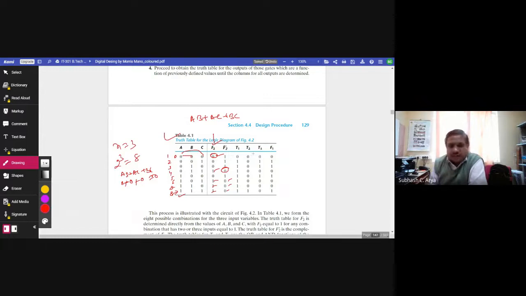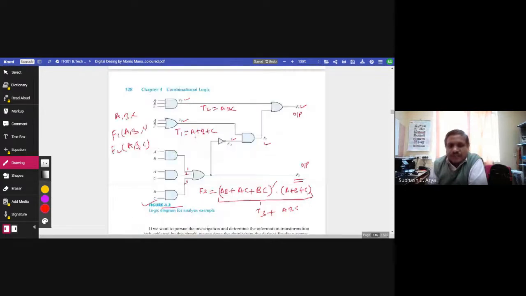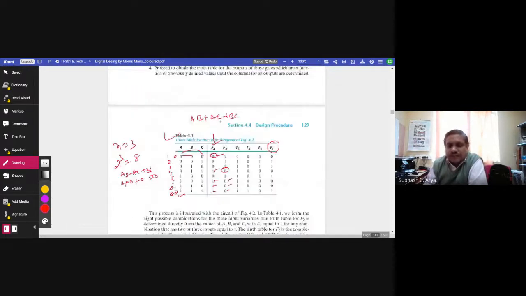Next is finding F1. F1 is a function of T1, T2, T3. And what is T1? T1 is A plus B plus C. If any one input is 1, you will get output 1.